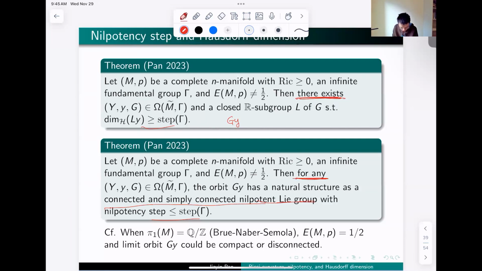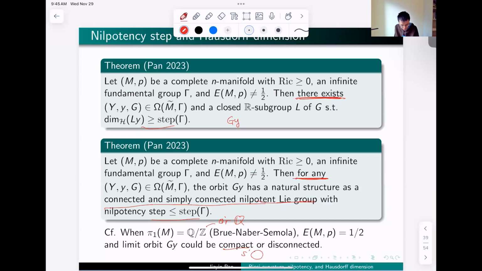A remark here: if you take the example by Brin-Neighbor-Simola, where you have an infinitely generated fundamental group, you can have Q or Q mosaic. In their example, the escape rate is 1/2, and the limit can be connected, it can be disconnected, or it can be a compact one, for example a circle as your orbit.